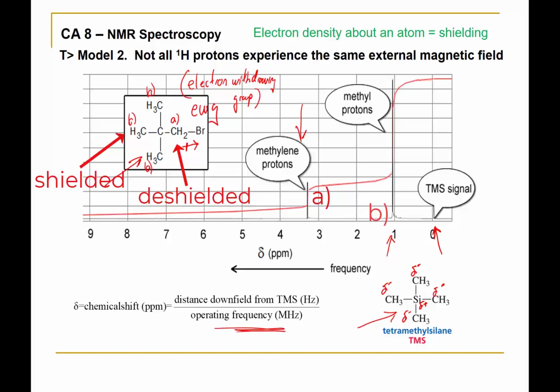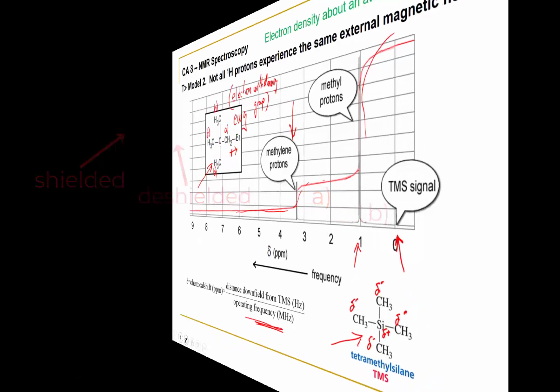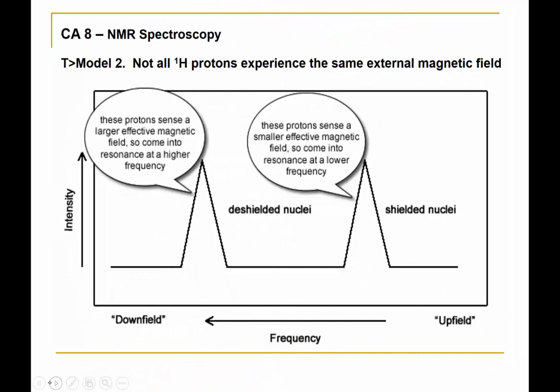Now there are other features of the spectrum, such as the fact that there are single peaks, the fact that you've got this line that goes through like this, and we'll explain all of those features later. But for now, I'd like you to start to get familiar with the idea of the different proton environments. But let's just go back to our little cartoon here for a minute. So we explained that we had our shielded nuclei.